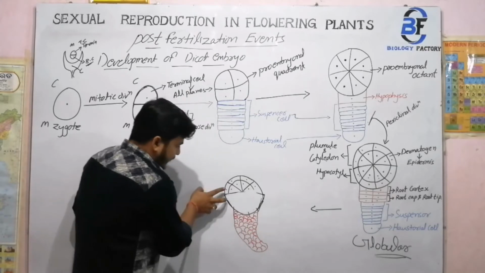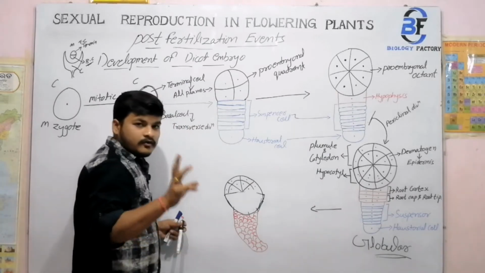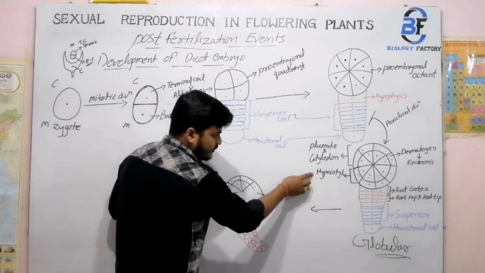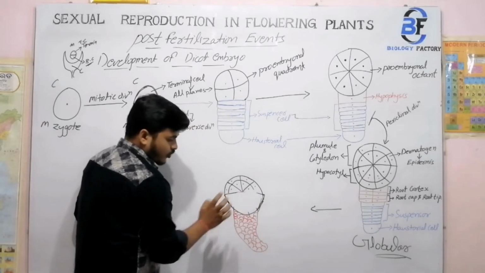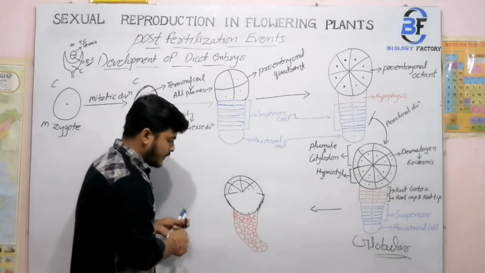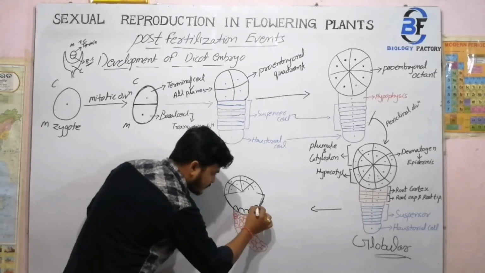So in the total structure of the proembryo, 3 structures are going to divide. One is your hypocotyl, another one is your plumule, and cotyledon. So the lower half structure forms your hypocotyl. The same cell division takes place and the hypocotyl is formed.